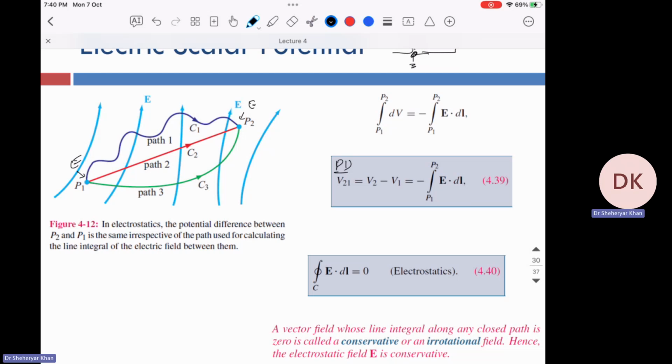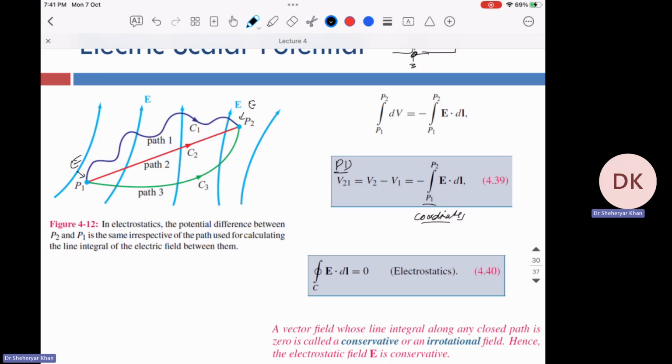If you know the electric field vector and you know the points P1 to P2, these are coordinates, and the coordinates give you the length. If you know the coordinates and you know the electric field, you can find out the voltage.